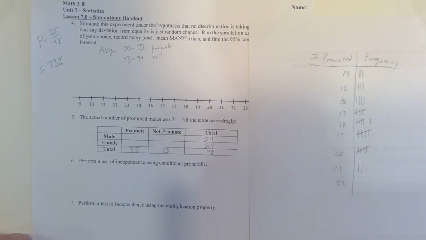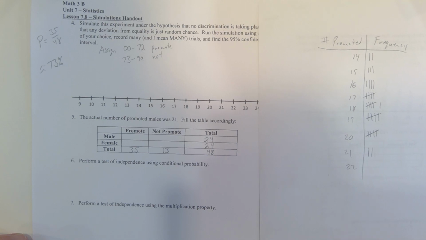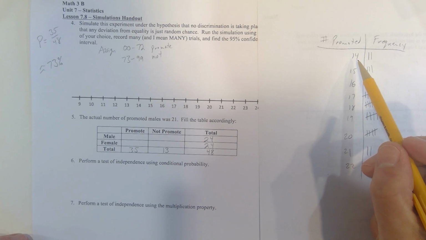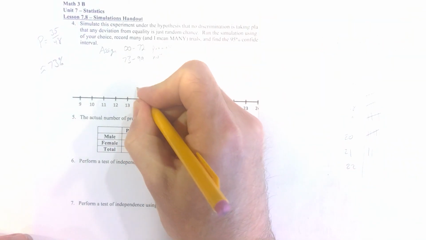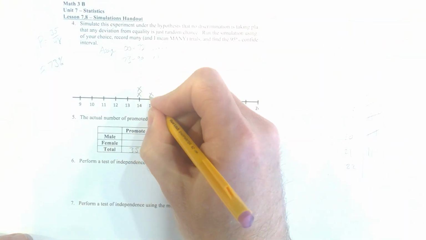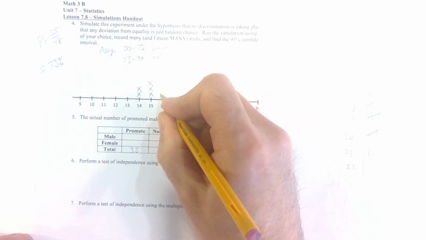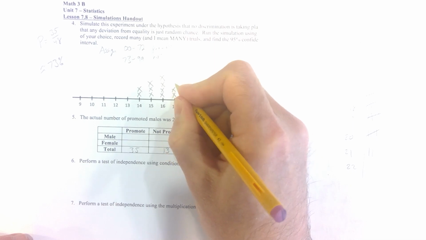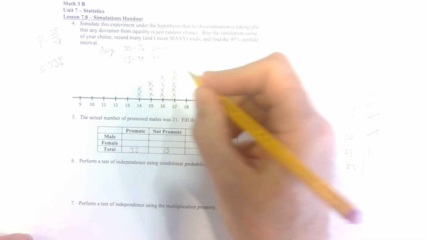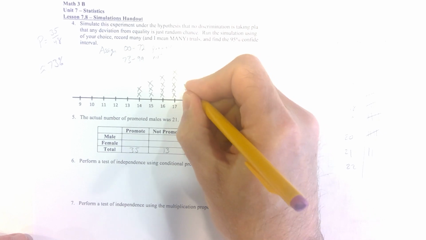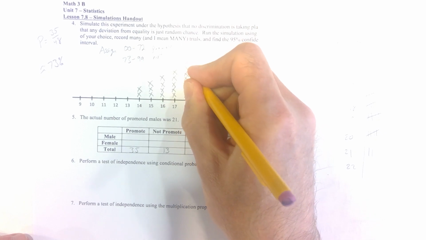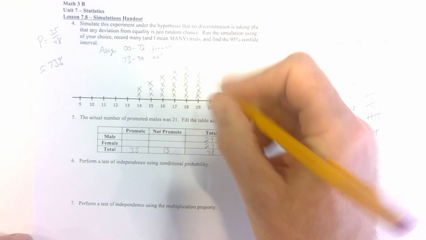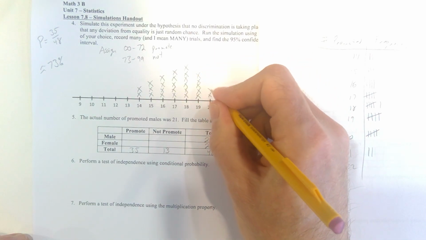And here is my data. So 2 times I got 14 of the 24 males promoted. 3 times I got 15. 4 times I got 16. 5 times I got 17. 6 times 18. 5 times 19. 20 came up 5 times.